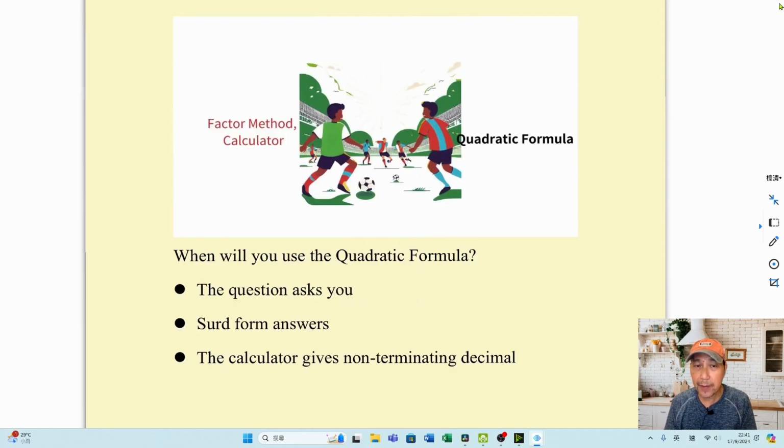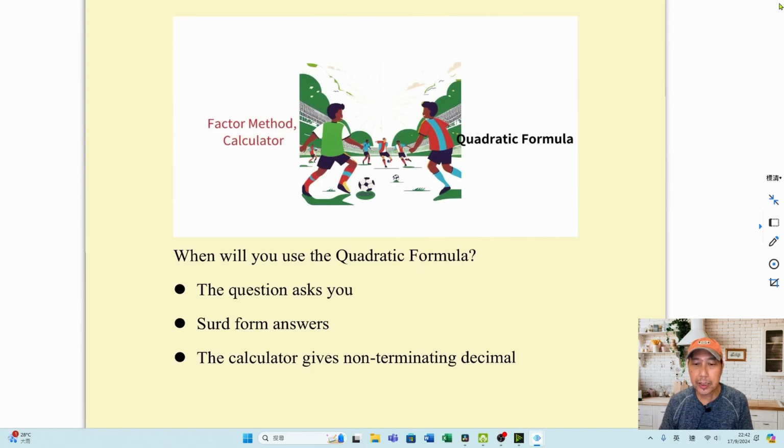In these few episodes, we have learned 2 ways to solve quadratic equations. They are the factor method, bracket calculator, and then the second one is quadratic formula. In my opinion, I will use the factor method all the time. However, you may use quadratic formula in the following cases. The first one, the question asks you to do so.